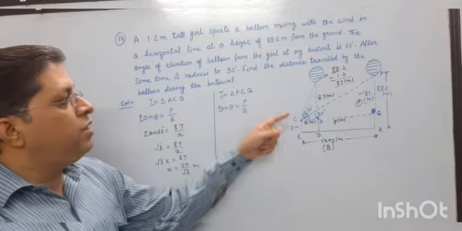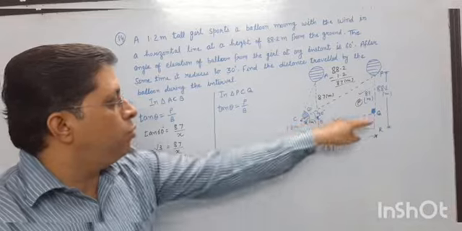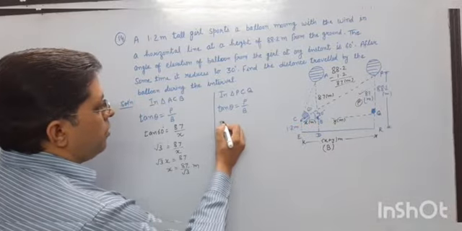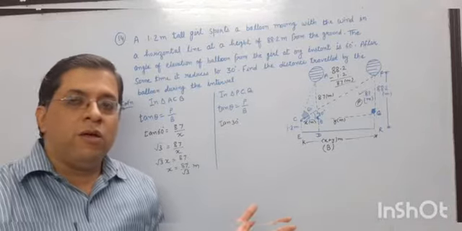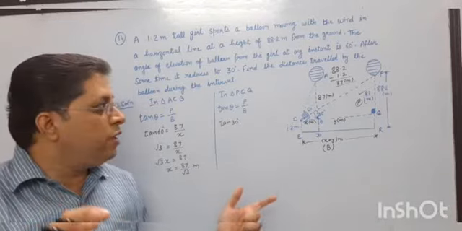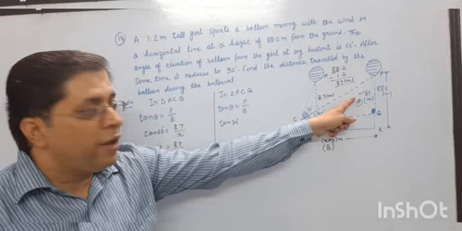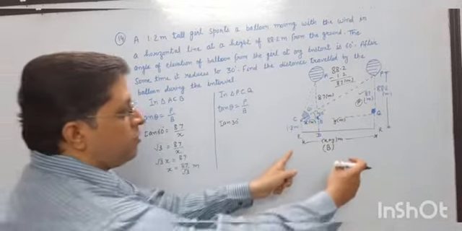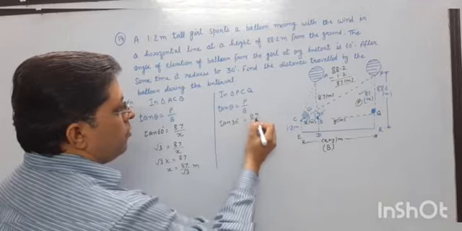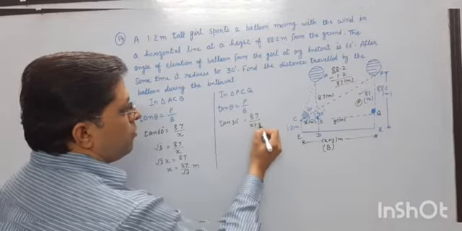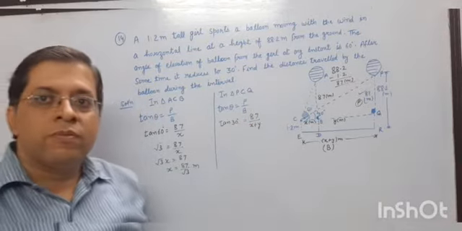Come on here. In triangle PCQ, this is your tan 30 degrees. What is the perpendicular in tan 30? The perpendicular is 87. And what will be the base? The base is x plus y.